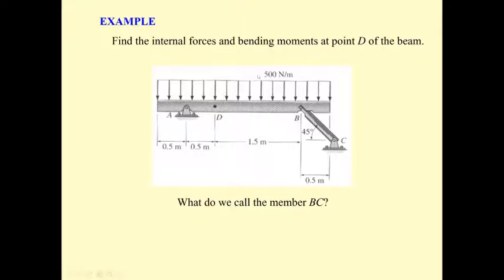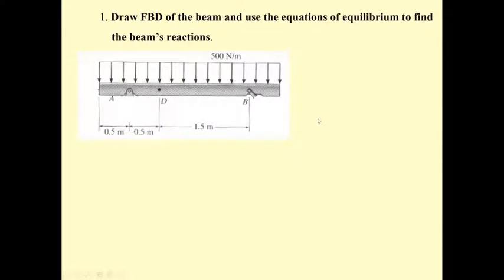By doing that, we can conclude that under the action of the 500 Newton per meter loading here, we're going to have the reactions A sub x and A sub y, and also the force along the line BC.